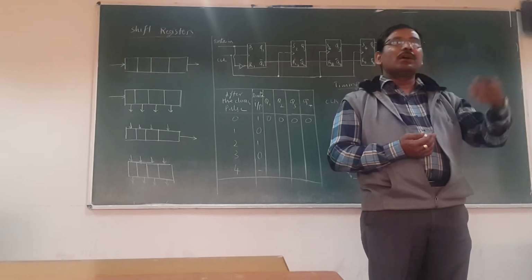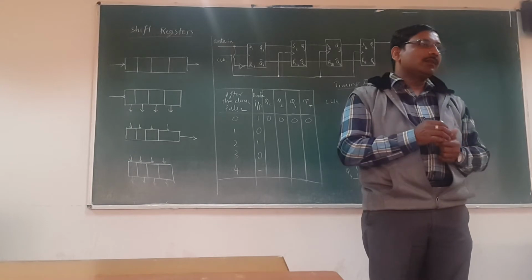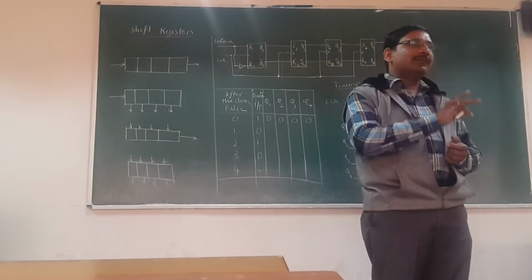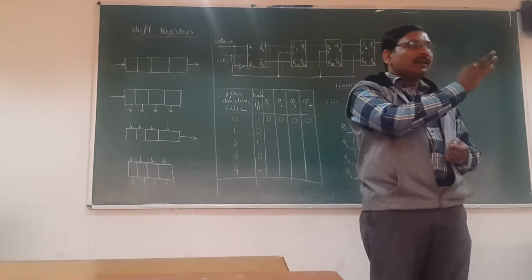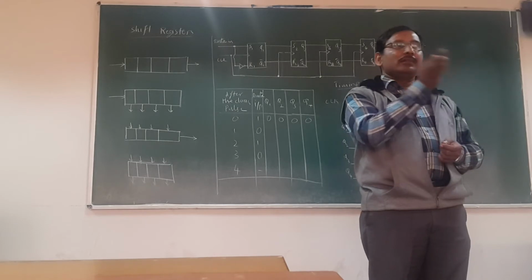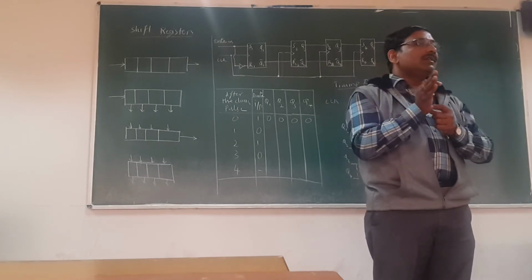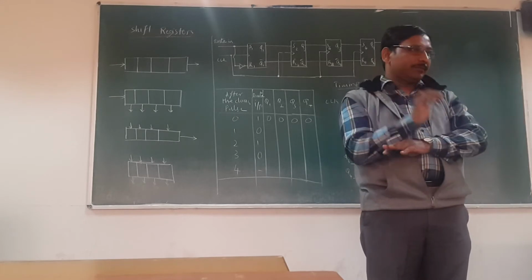Then 3, 4. How many numbers should I tell to make 4 people sit? 4. 1, 2, 3, 4. After I say the number 4, all will be in position. Again, you have to come out, and that can be controlled. When I say 1 again, and so on. So this is one way of sitting in and coming out.